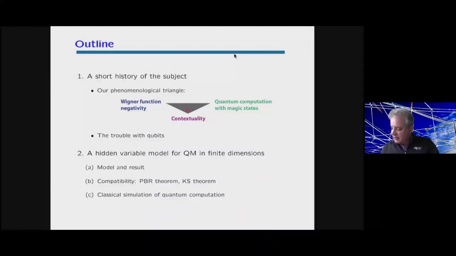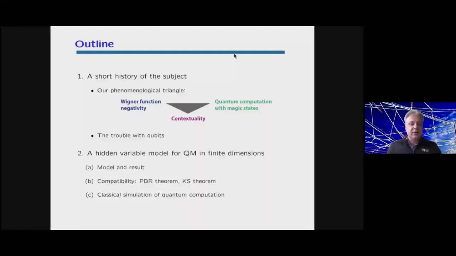And contextuality. So I want to talk about this triangle. All of this is nice and not too hard if your Hilbert space dimension is odd. There is a big difference between even and odd Hilbert space dimension. And I want to tell you a little bit about what happens in even dimension, specifically when you're dealing with qubits. This is just how this research developed.